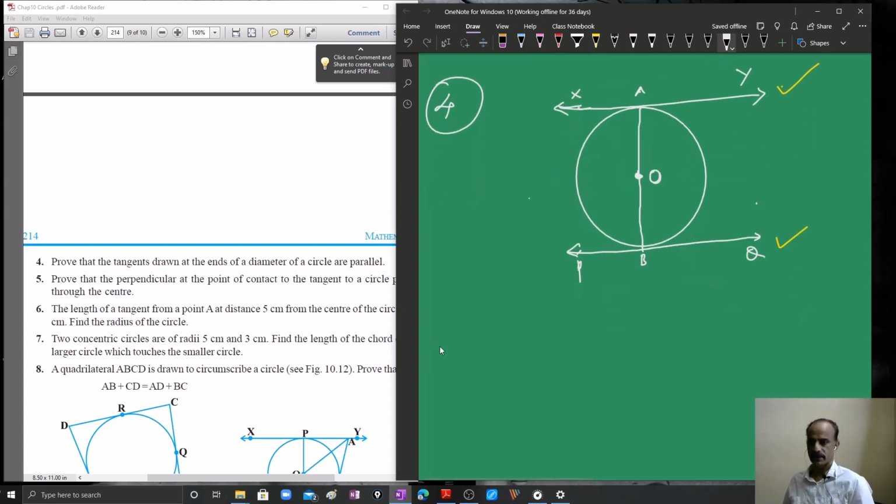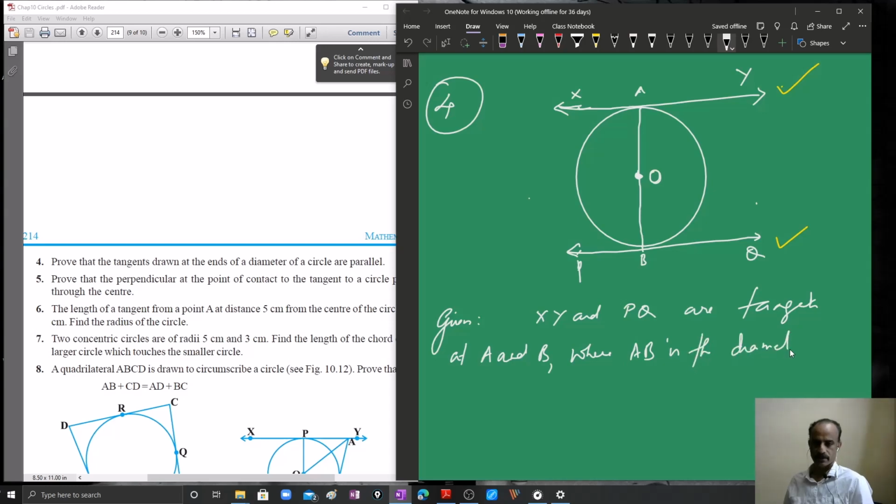So for that, what do we take? The given part. What is given? XY and PQ are tangents at A and B, where AB is the diameter of the circle with center O. This is what is given.